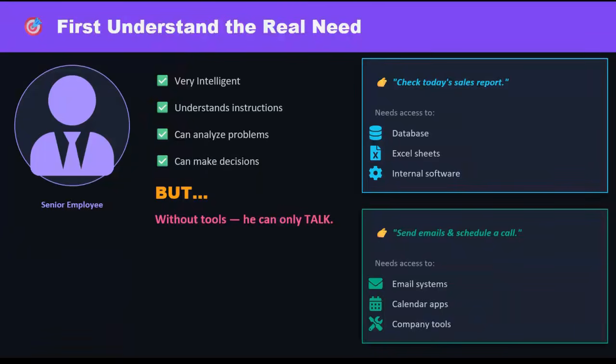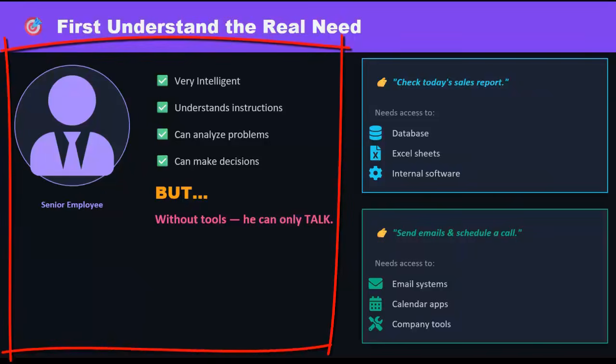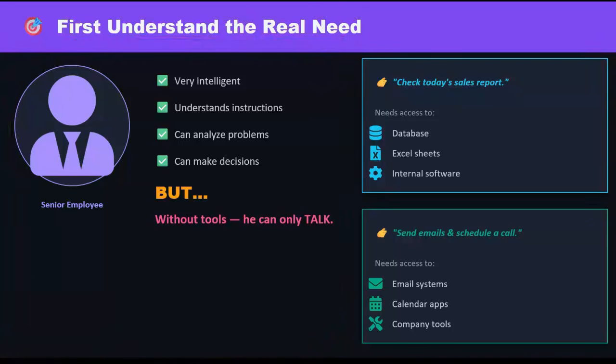So let's understand this with a simple real-world example. Suppose there is a senior employee in a company. This employee is very intelligent. He understands instructions, can analyze problems, and can make decisions. But even after having all this intelligence, without access to company systems and tools, he still cannot actually perform work, right?